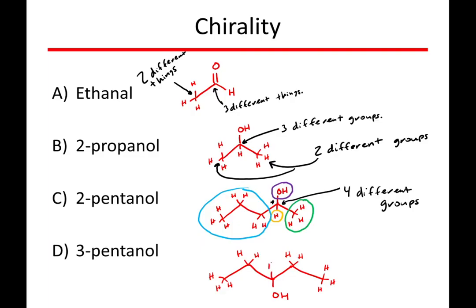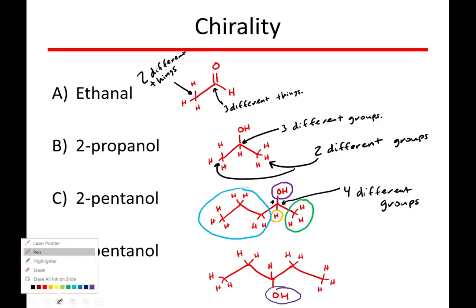For the carbon that has the alcohol functional group on it, there is 1 implied hydrogen. And now we can start doing a count here. So what we see here is that we have an OH group, so that's 1 thing. We have an H, so that's 2 different things. Then on the left-hand side of the molecule, we have an ethyl group, right?